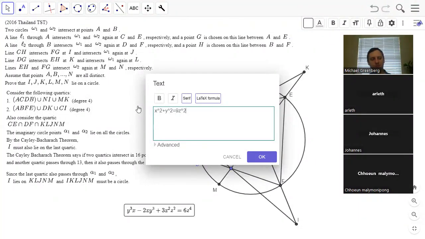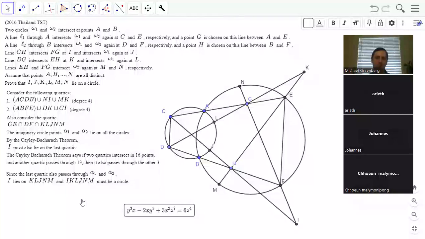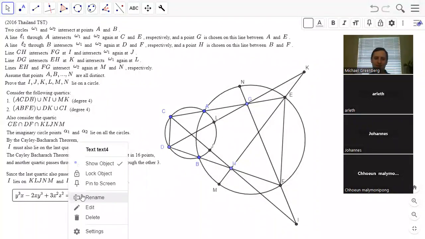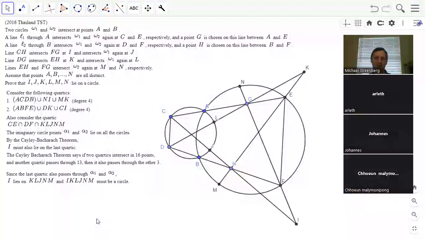But for circles, you don't have the xy term. So whenever you plug in the coordinates of the circle points, 1, i, 0 and 1, negative i, 0, you just get 0. So that's one way to show that they lie on every circle. And if you write down an equation like that of degree 4, that's what we call a quartic.